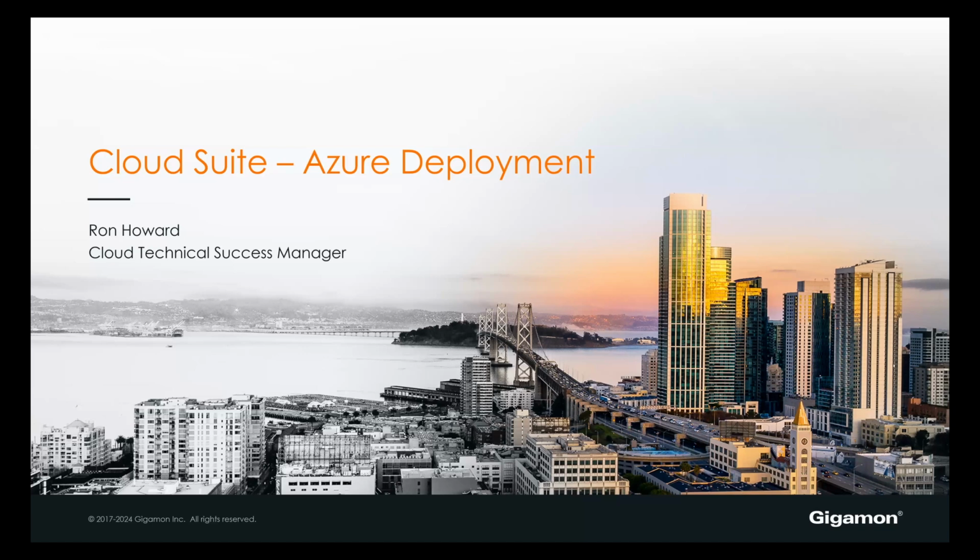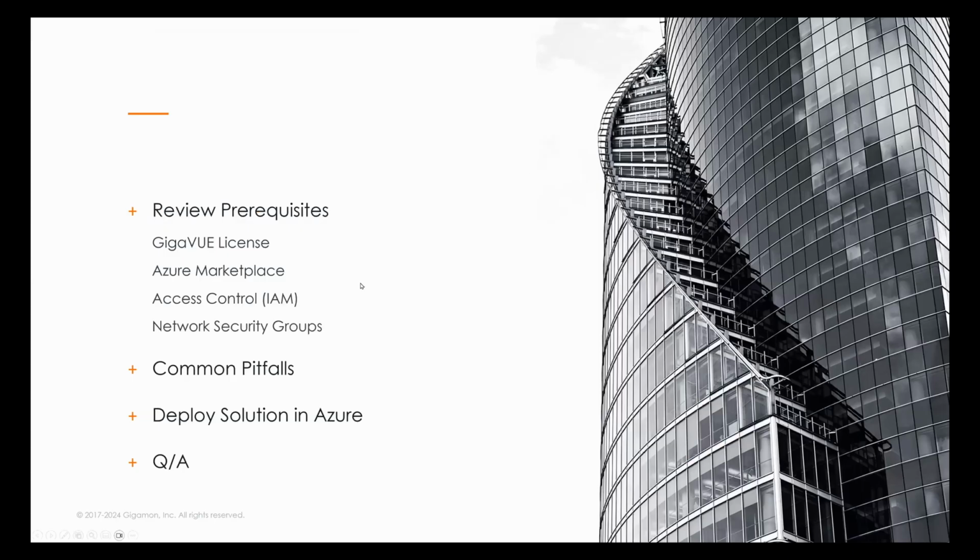So what we're going to be going over today are some of the major prerequisites and the pitfalls that you might experience during our deployment inside of the Azure ecosystem. Just to give you a quick overview: we're going to review the prerequisites, touch on the licensing model, and take a look at the marketplace, the access control, security groups, and common pitfalls.